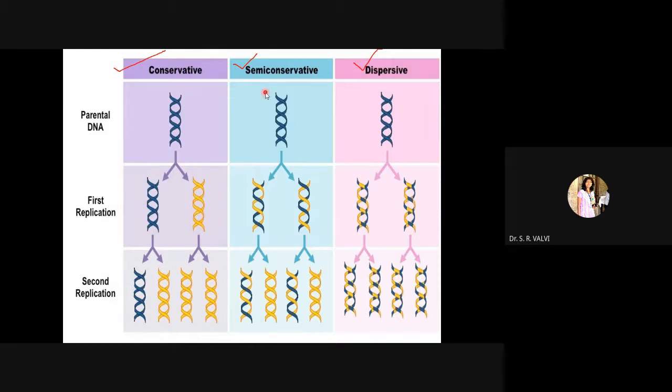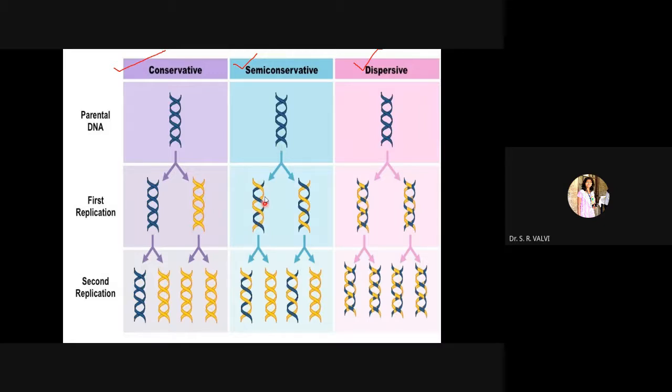Now, in the case of semi-conservative, you can see here, this is the DNA double helix. As I have explained earlier before this slide, one strand acts as the parental strand, which is in blue color, and the yellow colored strand, you just look at my pointer, the yellow colored strand is the newly synthesized strand, right?